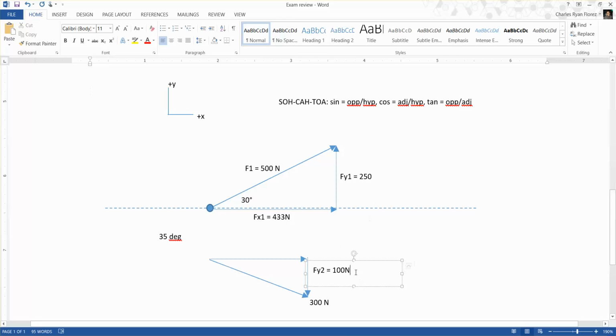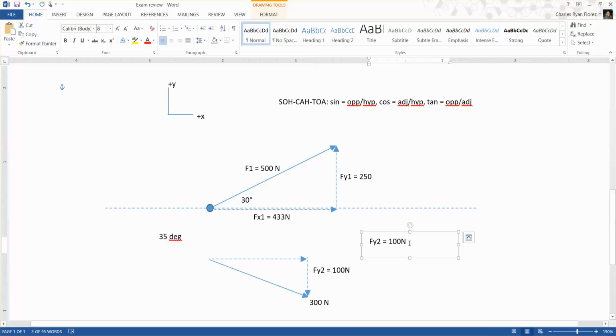So the sum of forces in y is equal to 250 minus 100. So you'll get 150. This value is positive, right?